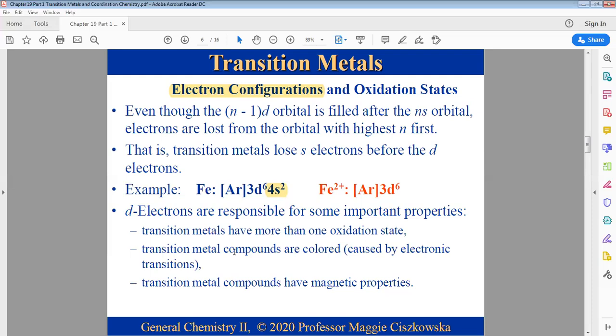We'll talk about this in part number 3 of this chapter. And many transition metal compounds will have magnetic properties. Again, part number 3 of chapter 19 will address not only electronic transitions that cause colors in these compounds, but also their magnetic properties.